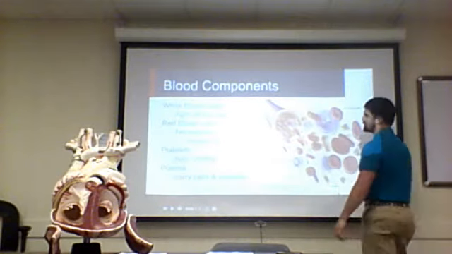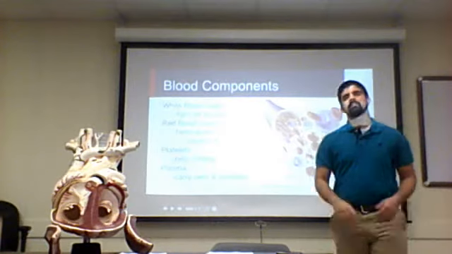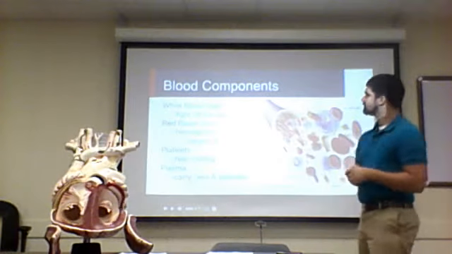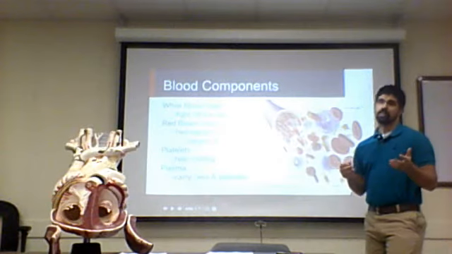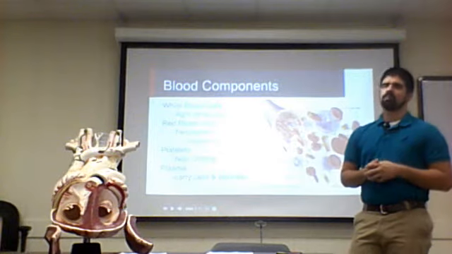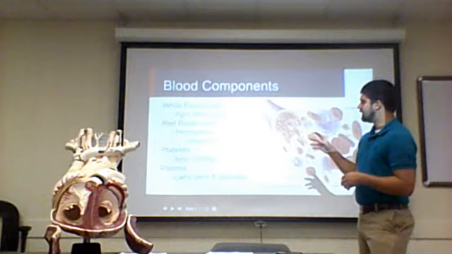Next component, platelets. Platelets help with clotting, okay? And that's kind of an important thing as well. If we couldn't clot, then we'd have to be pretty careful with what we did every day, or we'd bleed to death.